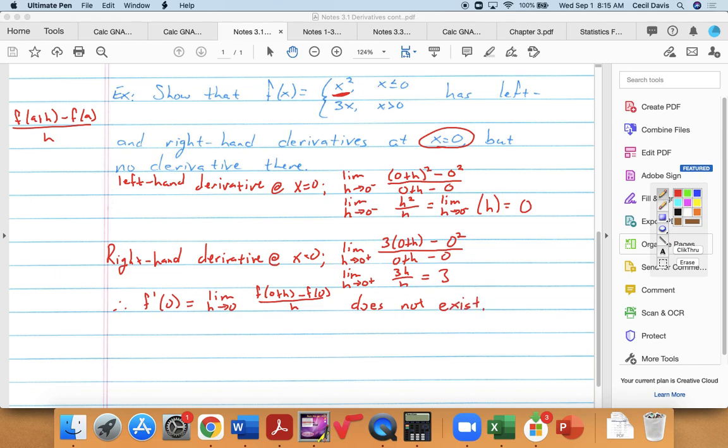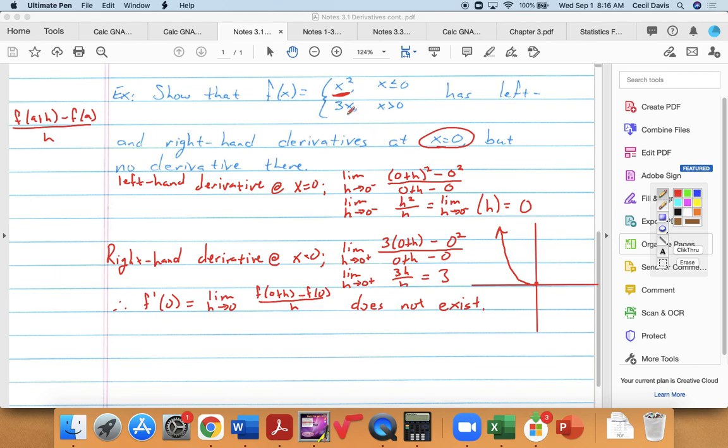This limit does not exist. Now, real quickly, graphically, what's going on there? Well, that one I'm not even going to use my calculator for because it's easy graphs. Y is equal to x squared for x less than or equal to 0 is the left-hand side of a parabola.